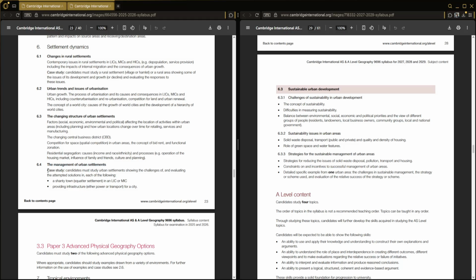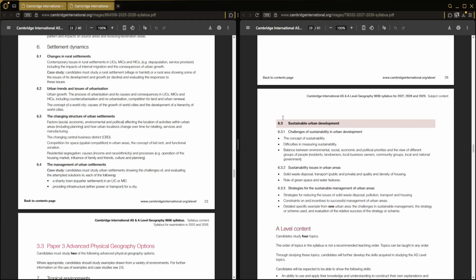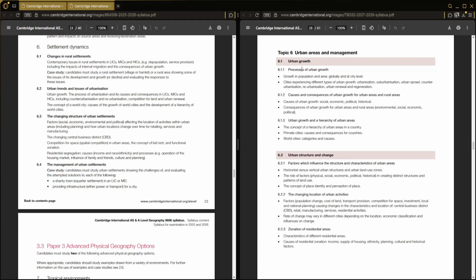Previously, in the case study, you needed to learn about two case studies, a shanty town and also infrastructure provision. Now it's just one case study of an urban area, and it is sustainable management, and it's just a scheme used. So there are a lot of changes for urban areas.